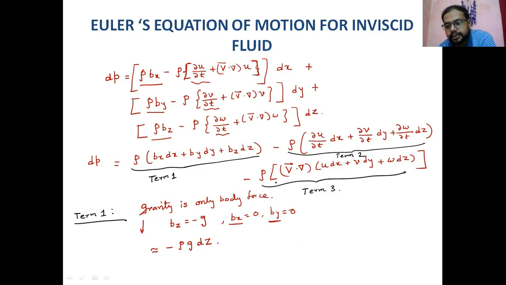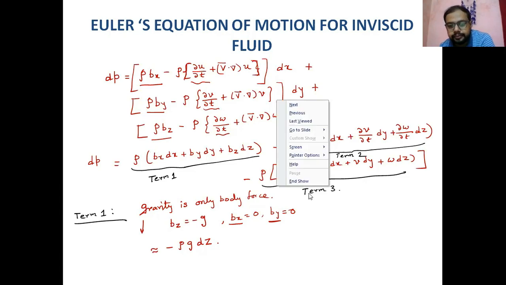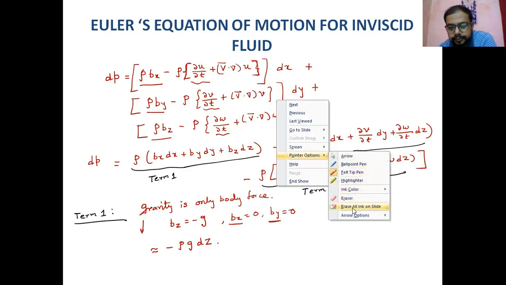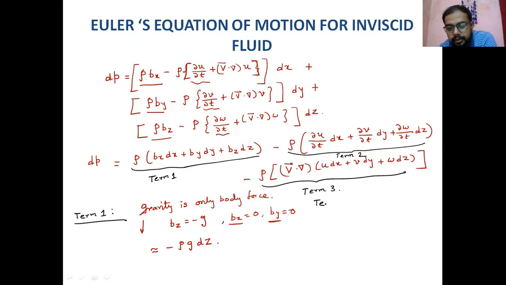About term 2, we are discussing here. If we discuss term 2, you see the equation we have written: rho into del u del t dx plus del v del t dy plus del w del t dz.